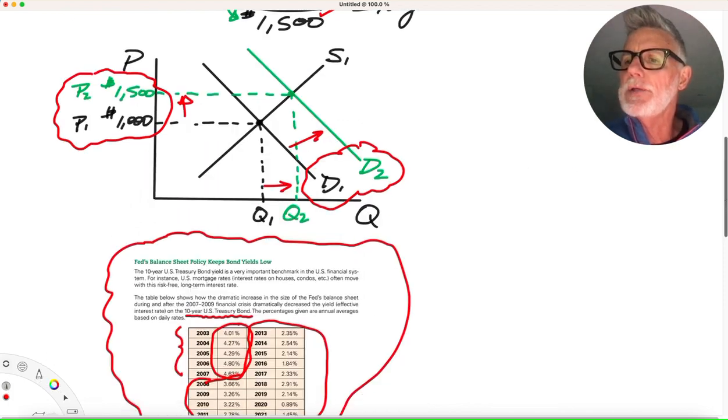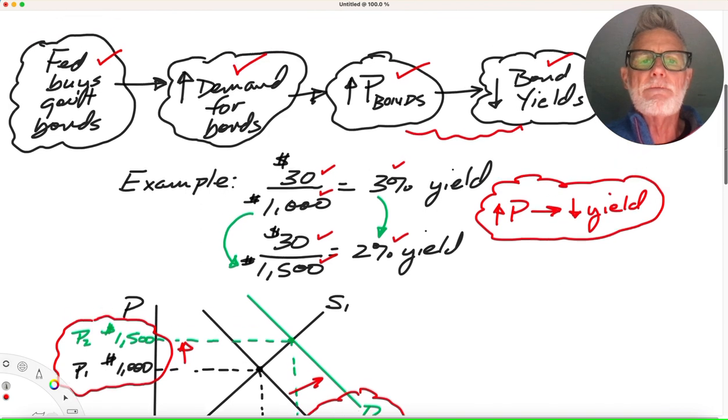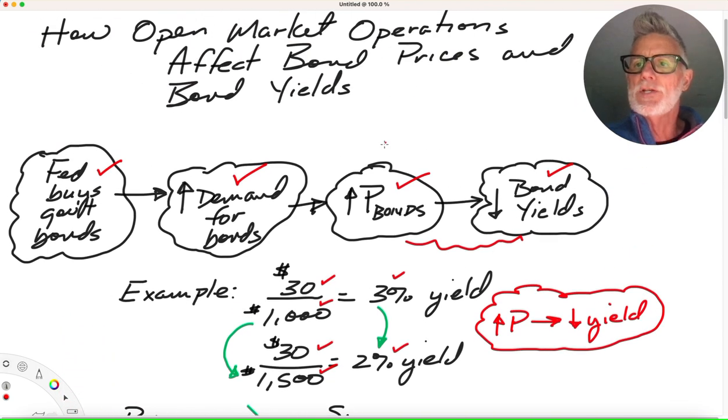You now understand. The Fed was buying, we'll talk more about this in the e-workbook, the Fed was buying extraordinary amounts of U.S. government bonds. Why? To drive bond yields down. And why would the Fed want to do that? Well, that would help keep other interest rates down.